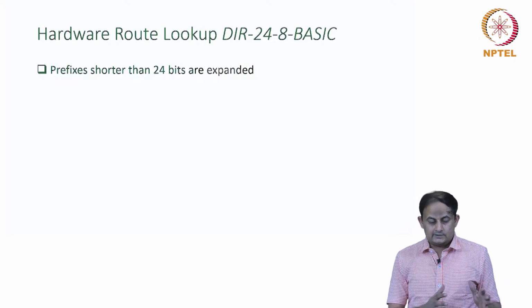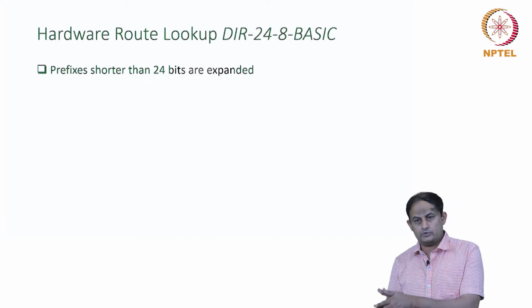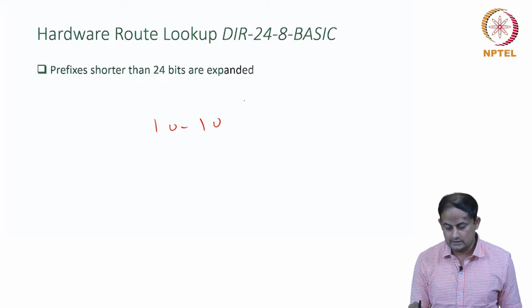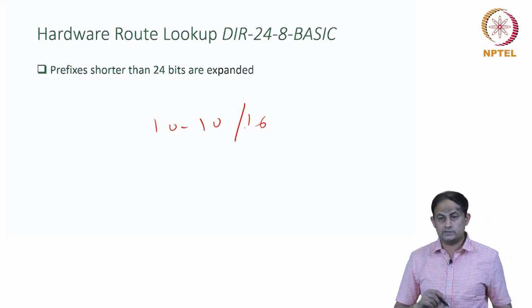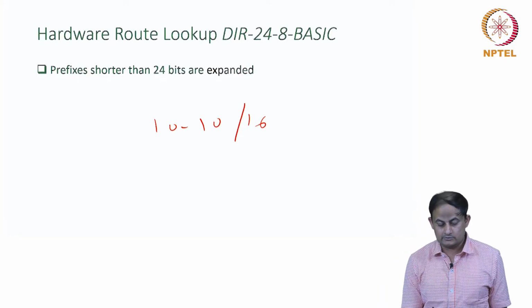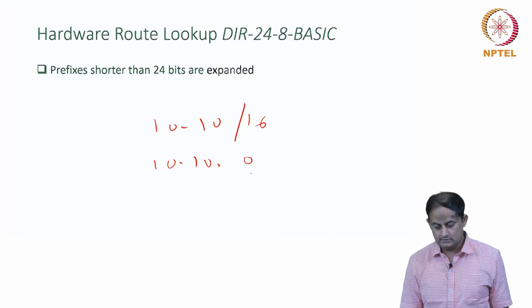Any prefix smaller than 24 bits is expanded up to 24 bits. Let us say I have an entry 10.10/16, this is not 24 bits. For 256 possibilities, what are those? 10.10, then the third byte can be 0, it can be 1, and so on up to 255.